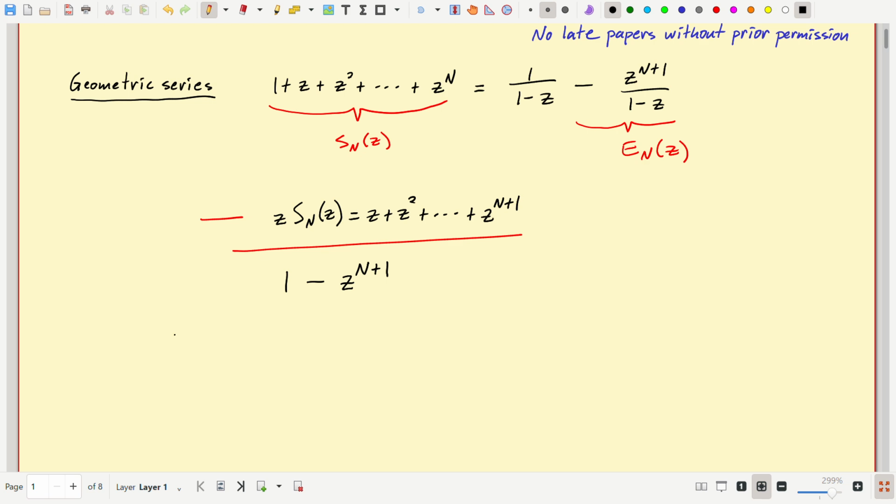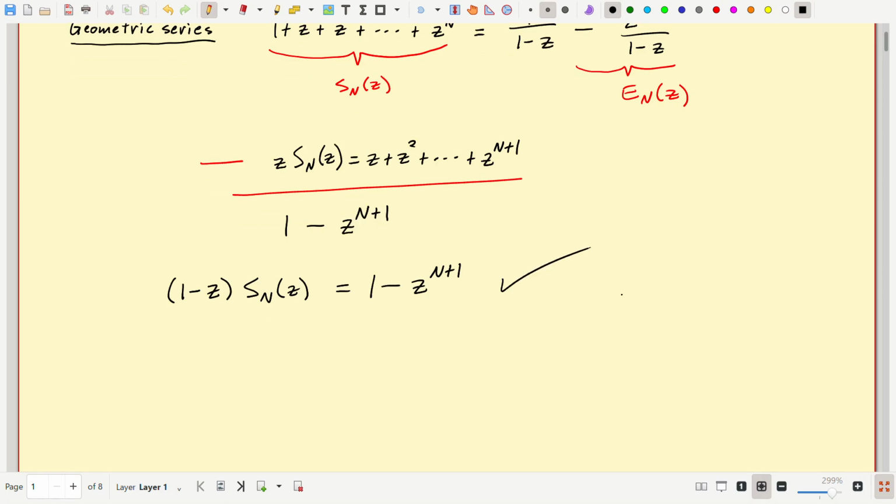And when I factor out 1 minus z on the left, I get S_n times (1 minus z) equals 1 minus z to the n plus 1. Dividing by that 1 minus z gives me the formula that you learned in junior high. So check.